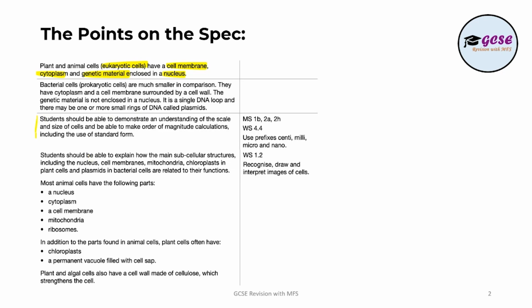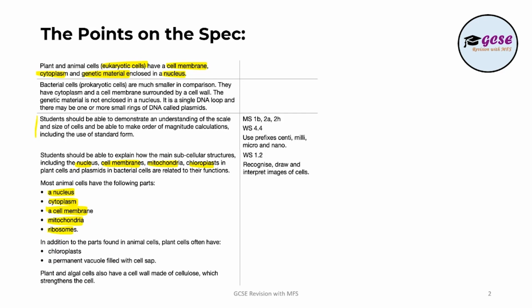We're not going to take a look at this part. This is for a different lesson. We've looked at how we can explain nucleus, cell membranes, mitochondria, and chloroplasts in plant cells, and bacterial cells we're going to move on to. And we've looked at where the nucleus, cytoplasm, cell membrane, mitochondria, ribosomes are in the picture.